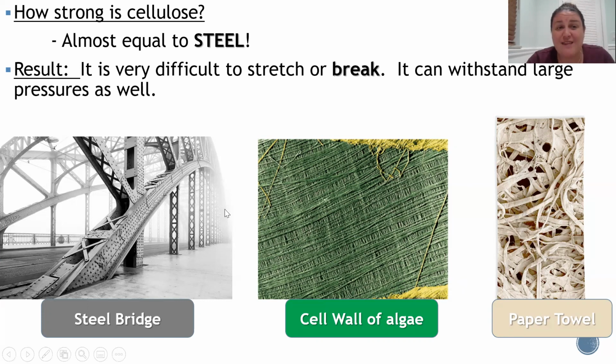So if you think of something like a steel bridge and how strong a steel bridge is, that is almost equivalent to the cell walls of algae, right? And if you think of what paper towel is made out of, paper towel comes from plants. And what is it actually made out of? It's made out of cellulose, and that's what gives things like paper and paper towels their strength: these cellulose fibers.